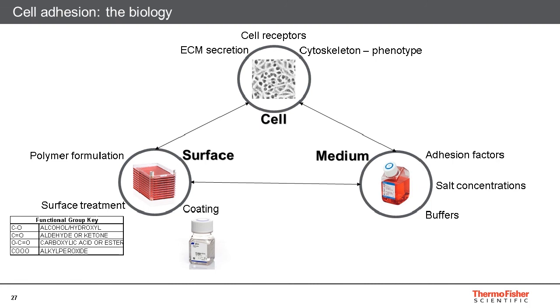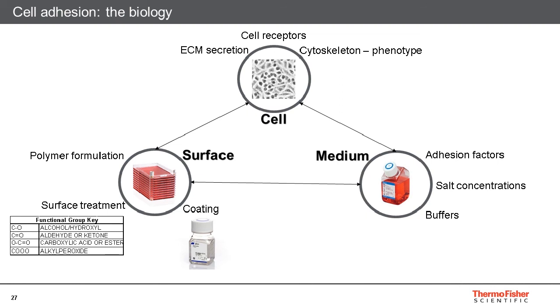This group ratio will have a key impact on the unspecific interaction with the cell membrane or with the adhesion factor present in the supernatant. Surfaces can also be functionalized or pre-coated if these factors cannot be produced by the cells themselves or cannot be provided by the media. So finally, the media.